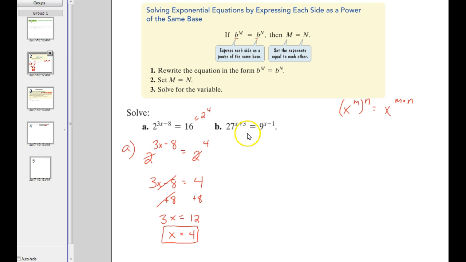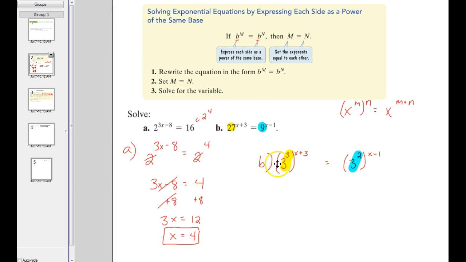With our second example, 27 and 9, again, different bases, but I can write both of these as 3 to powers. I can't write 27 as 9 to a power like we did last time, but both of them can be written as 3 to a power. So I'm going to do that. 27 is 3 to the 3rd, 9 is 3 to the 2nd.